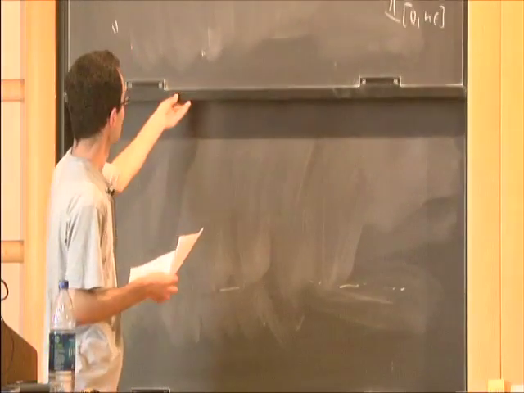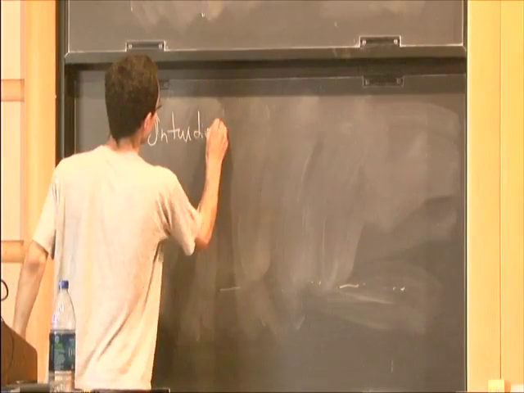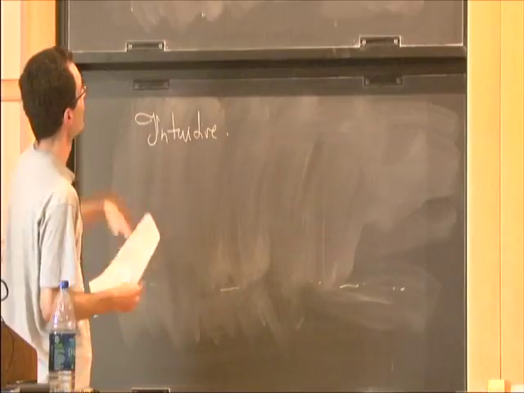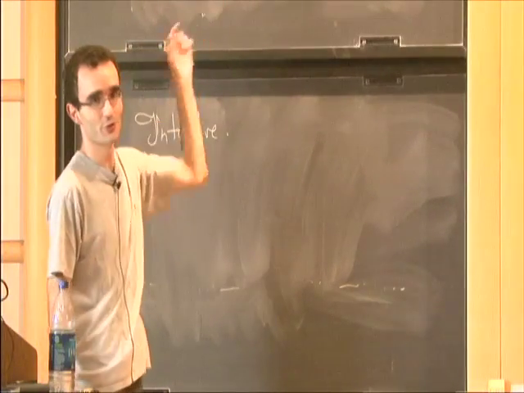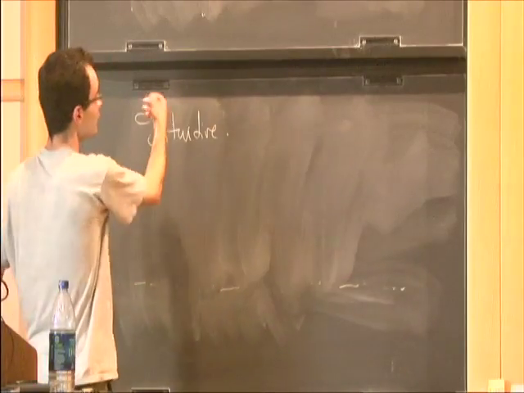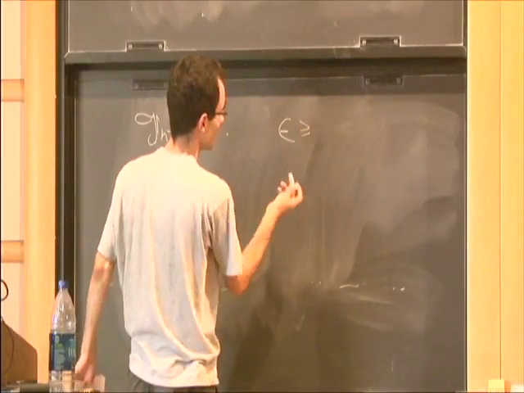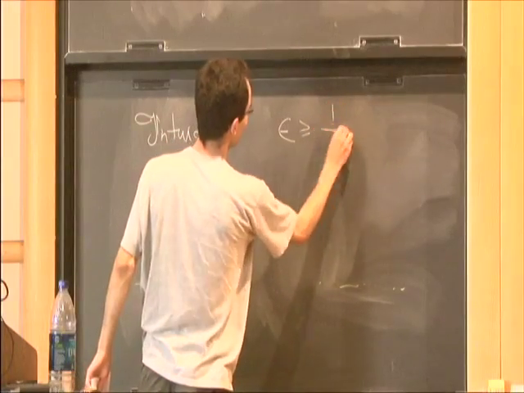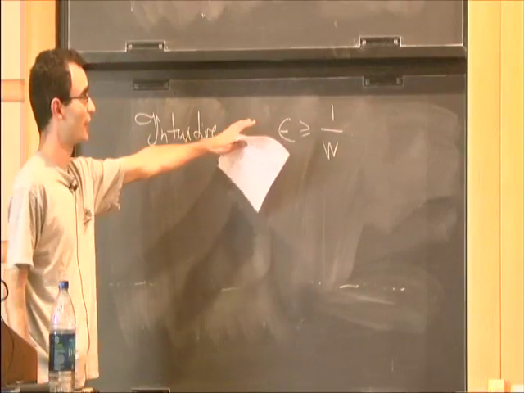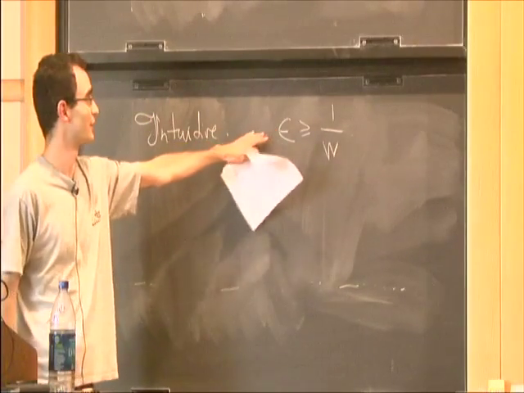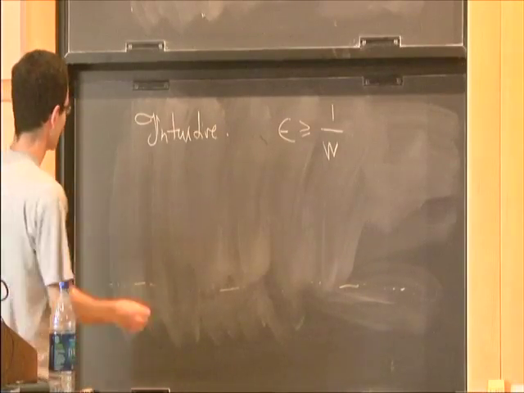So the challenge here is to make this rigorous for epsilon as small as possible, and it looks intuitive that one can do it for epsilon greater than 1 over W. Right now I don't know it, but this looks like, I hope, a realistic project.